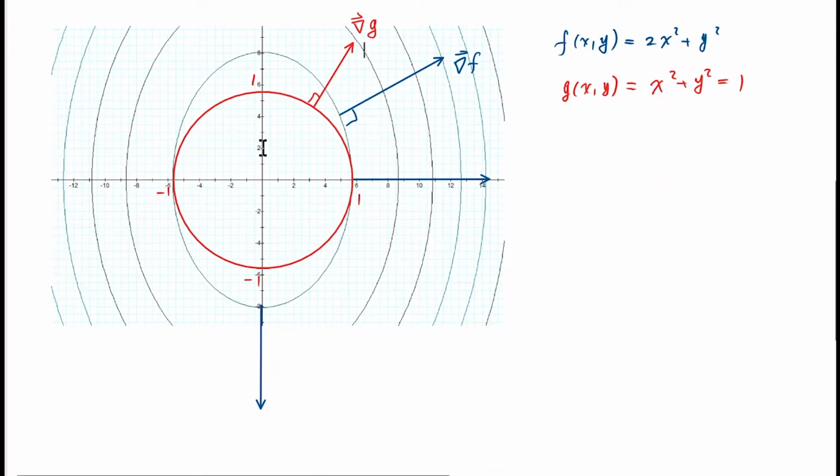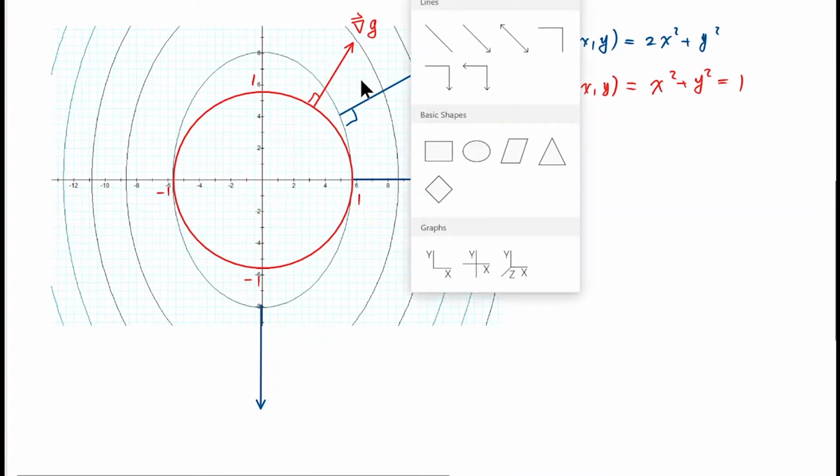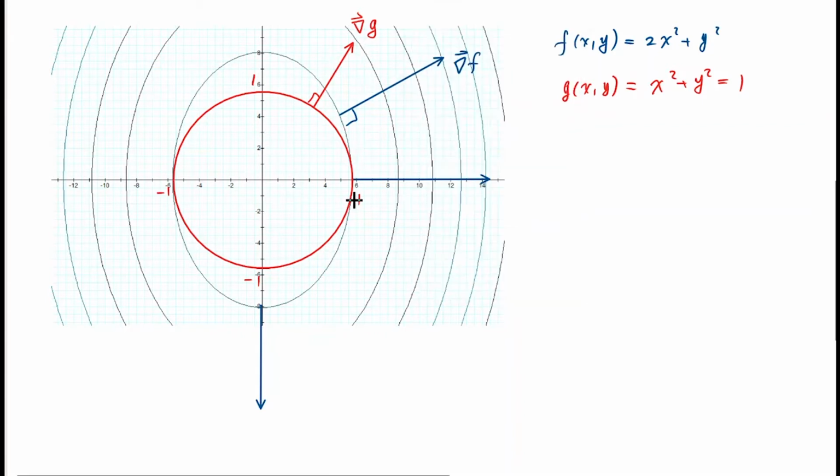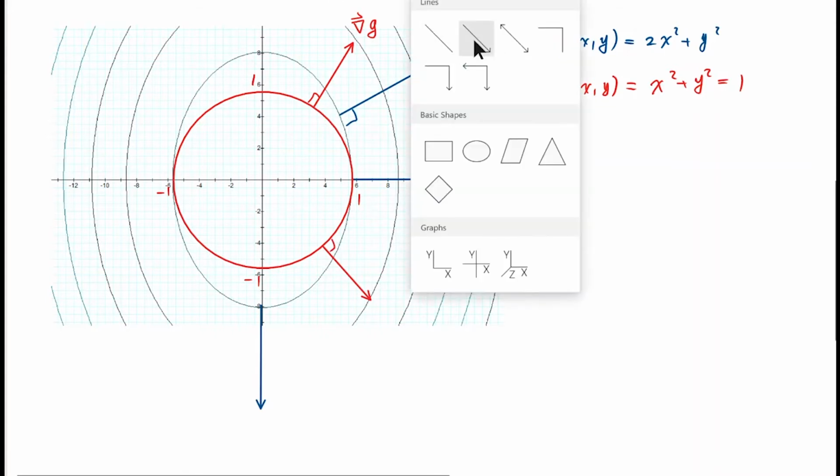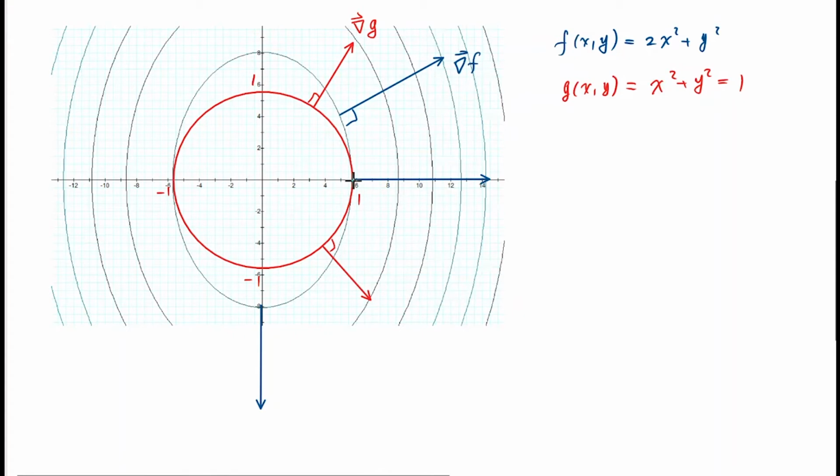Now, but there's a very critical point: these two have no reason to line up. I mean, I'm going to do another one. So it's like here, it's going to point that way. But there are a few points that these two will line up, which is right here.